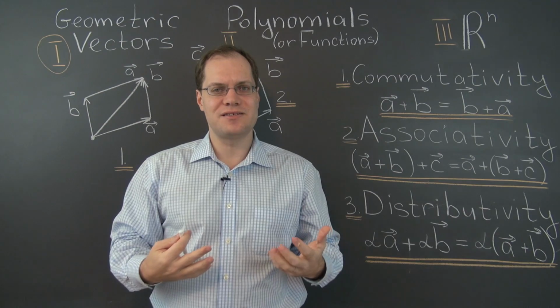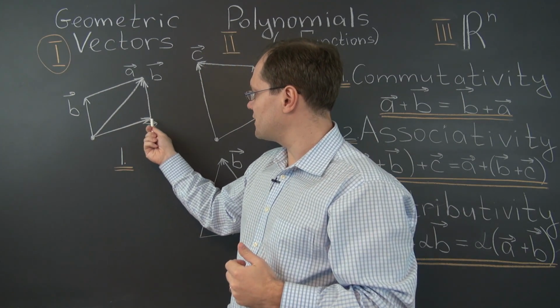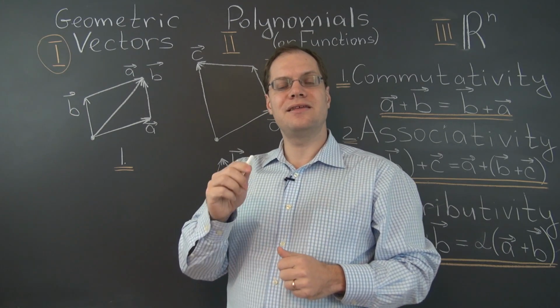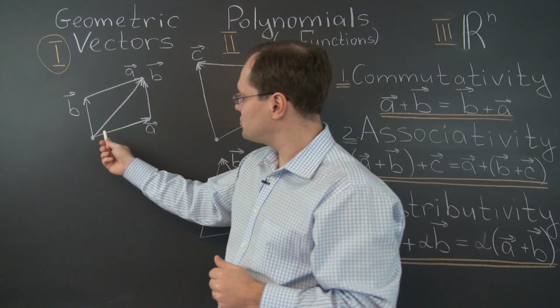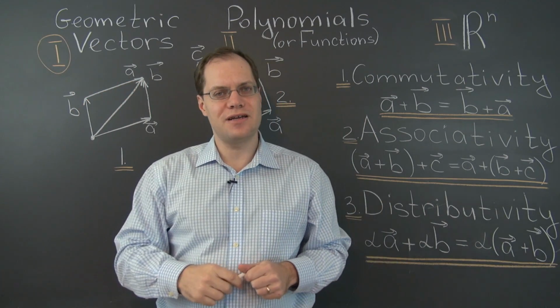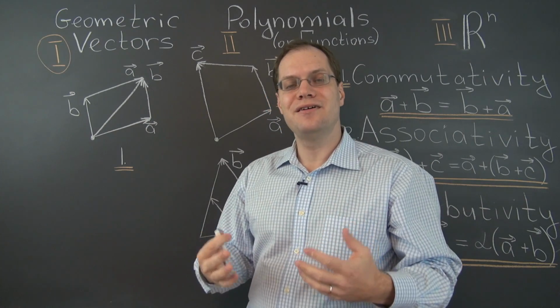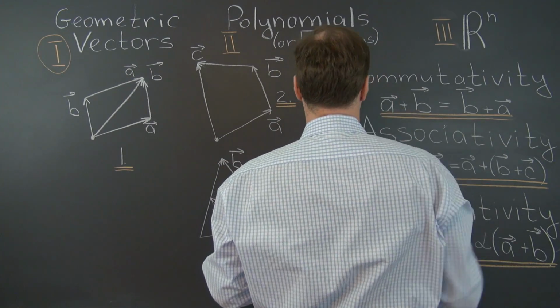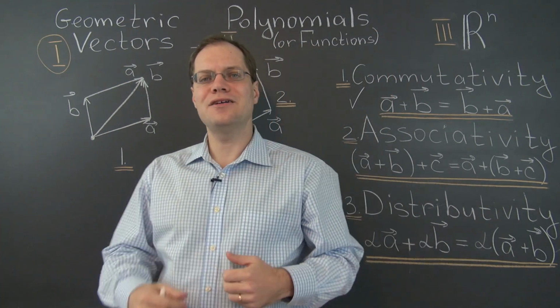So I am convinced that traveling according to the vector a and then according to the vector b will put us at the exact same point as traveling according to the vector b first and then according to the vector a. So commutativity has been established. Let me put a check mark here. We are convinced.